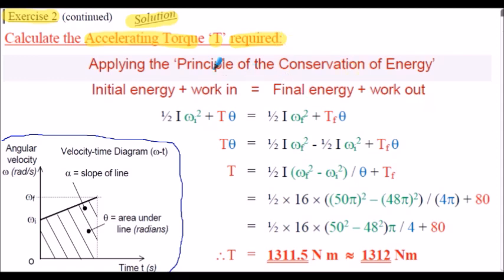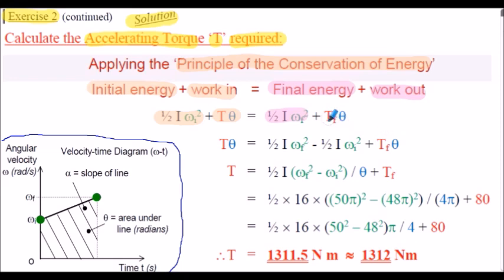So again, applying our principle of conservation of energy, the initial energy plus any work into the system is equal to the final energy plus any work out of the system. From our velocity time diagram, we have initial kinetic energy because the shaft is rotating. So half I omega i squared on the left hand side. And we know that the speed of the shaft is increasing, so there must be some work into the system. So it would increase its kinetic energy, so we have a half I omega f squared on the right hand side.